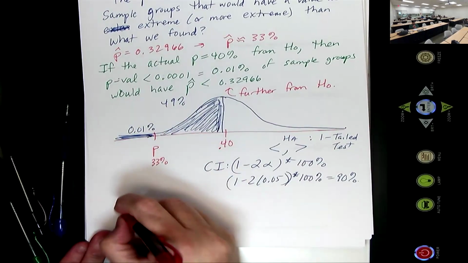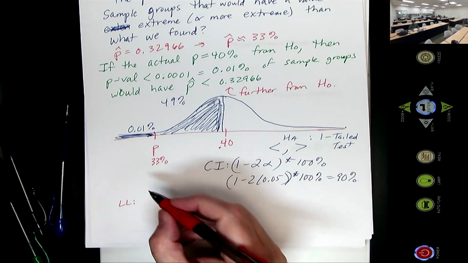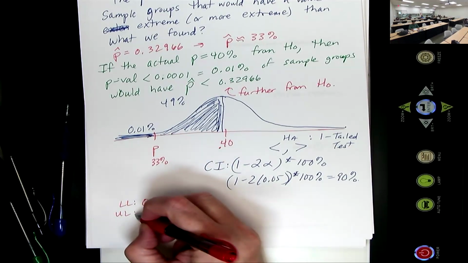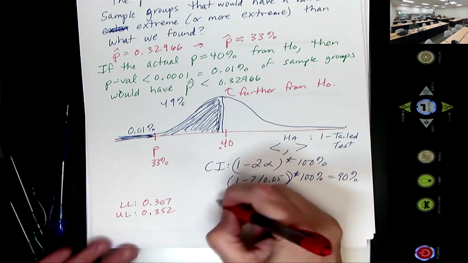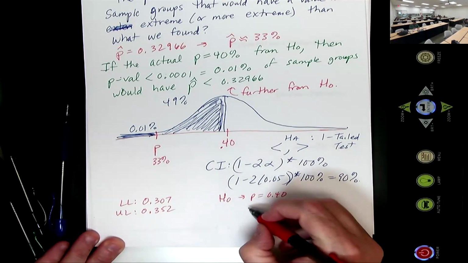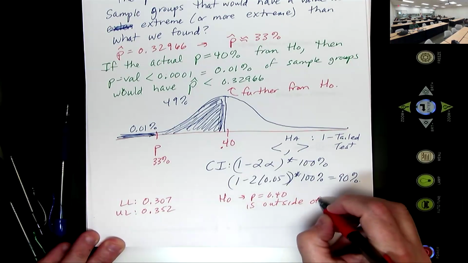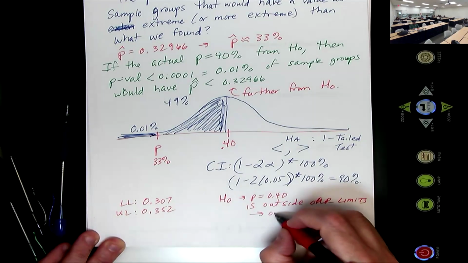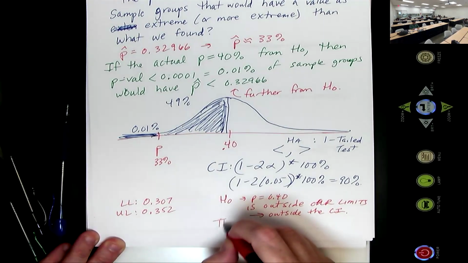We had a lower limit of 0.307 and an upper limit of 0.352. H naught, which was P equals 0.40, is outside our limits, or outside the CI. Therefore, we reject it.